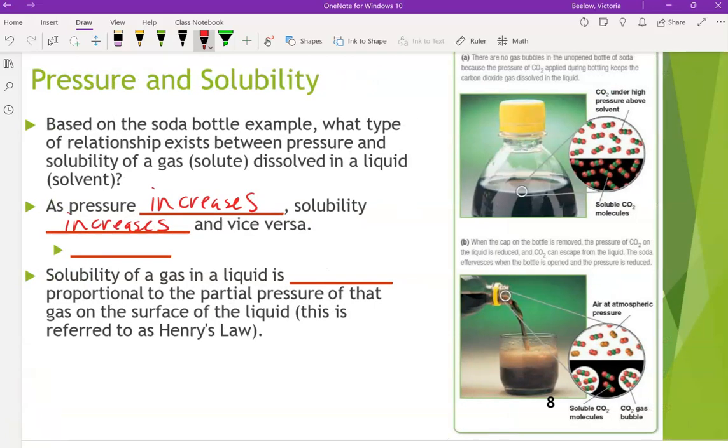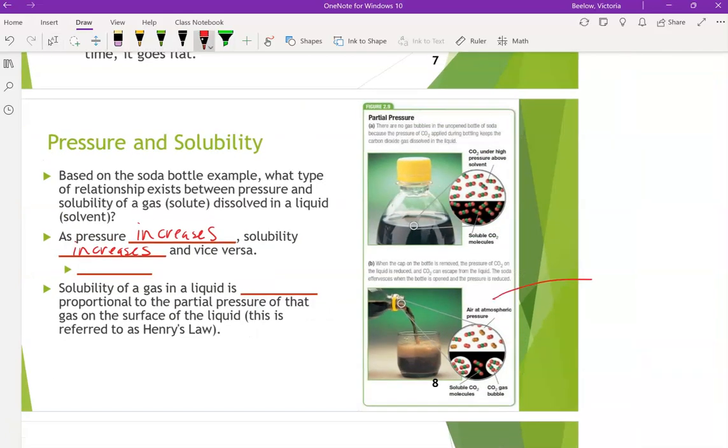Versus when we open that can or bottle, the pressure will decrease, and then that solubility will also decrease. So this is what we would call a direct relationship.